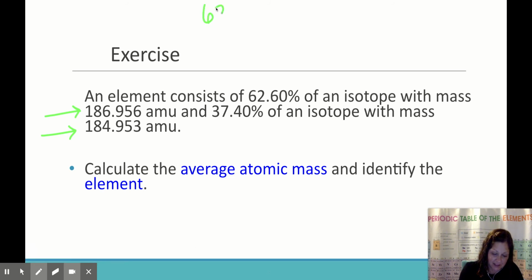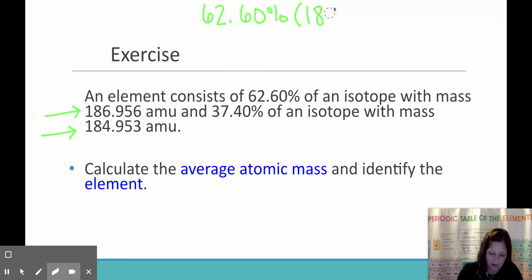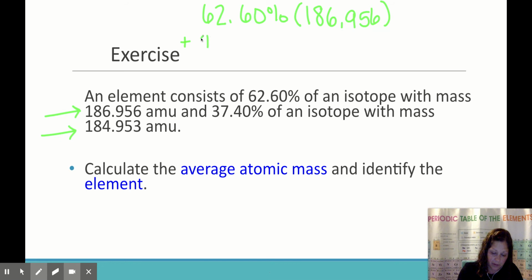So 62.60% times 189. Sorry about that. I copied it wrong. 186.956 plus 37.40% times 184.953.